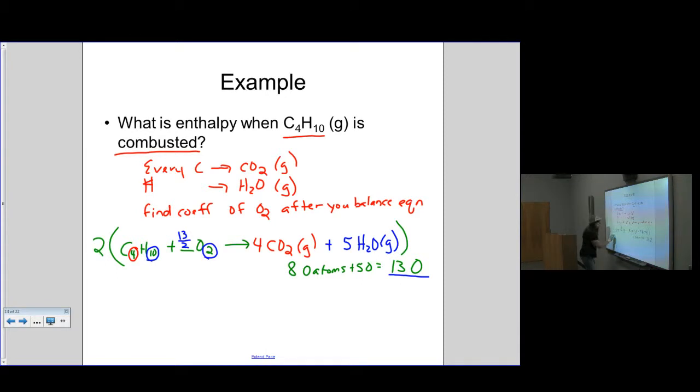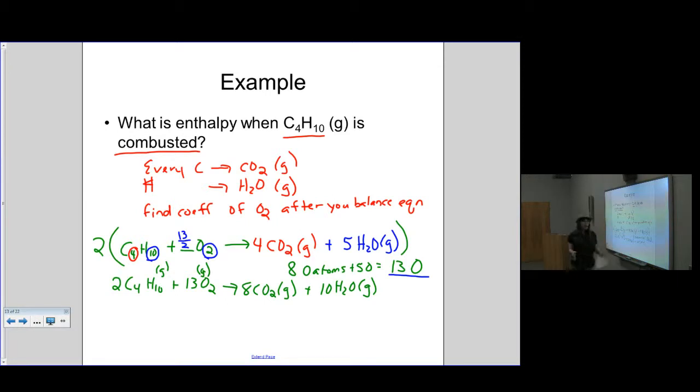Our final reaction will be 2 C4H10 gas plus 13 O2 gas, forming 8 CO2 gases and 10 H2O gases. And that's going to be your combustion reaction.